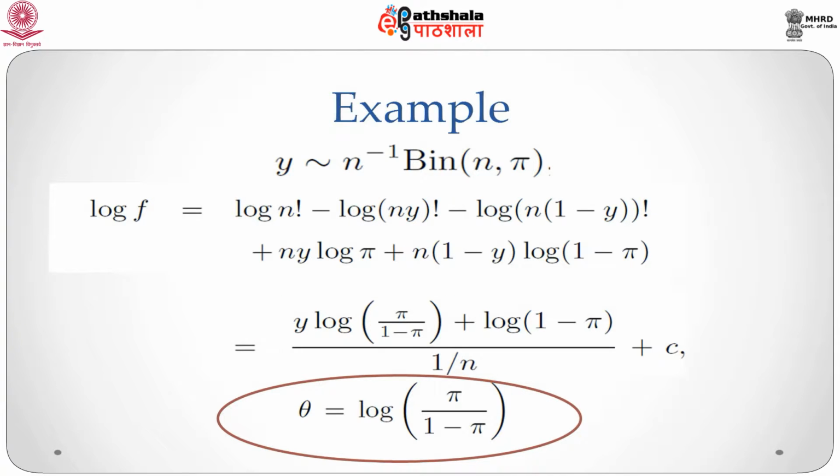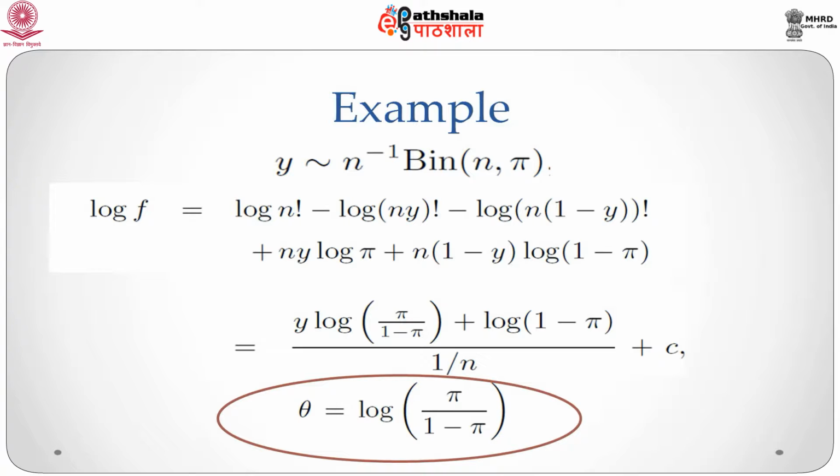Let us consider another example. So suppose we have data on proportions. I express this by saying that y follows 1 over n into binomial n of pi. N, of course, could be 1, in which case we have data from the Bernoulli family.